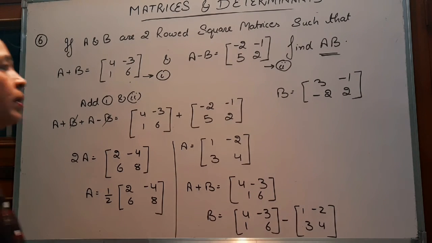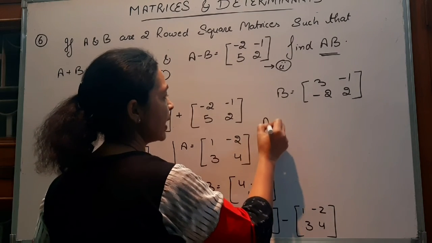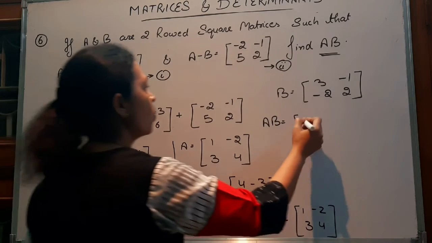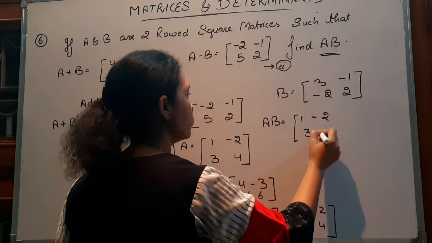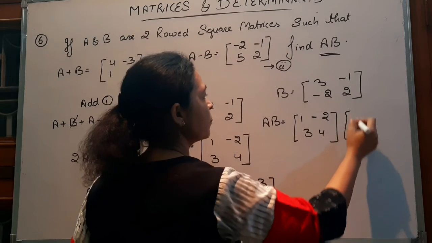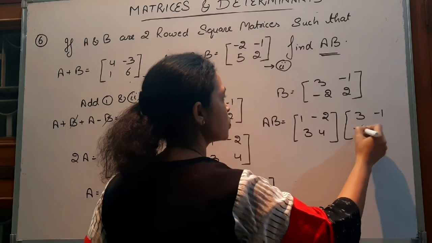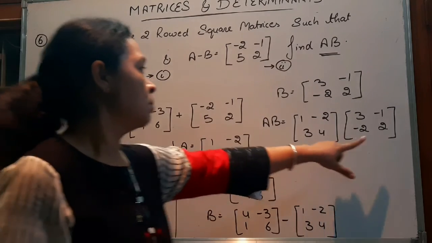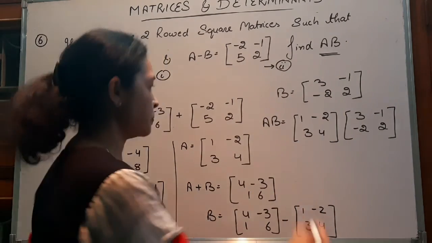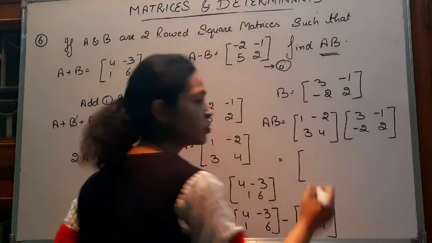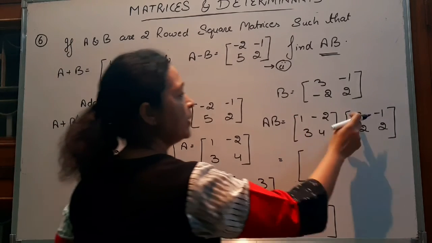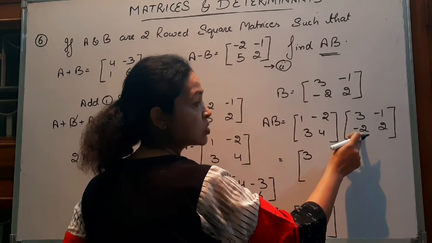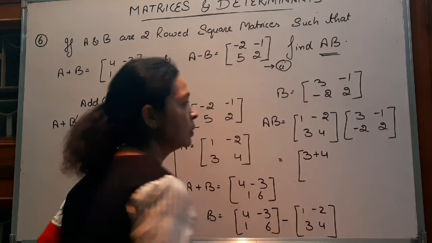Now what we have to find? AB. First write matrix A, which is 1, minus 2, 3 and 4, and matrix B is 3, minus 1, minus 2 and 2. Multiplication is defined. Both are having same order. AB will be first row, first column: 1 into 3, 3, plus minus 2 into minus 2, 4.